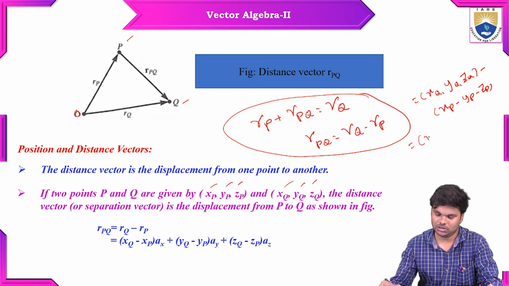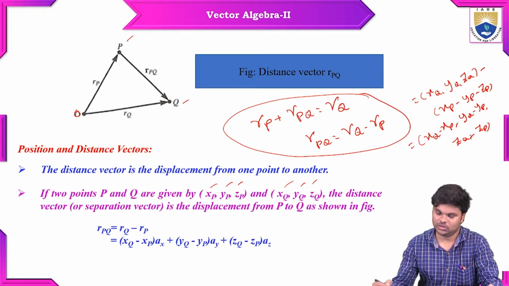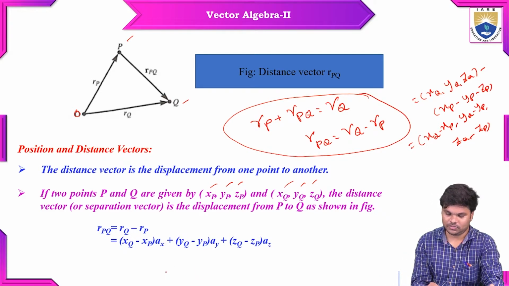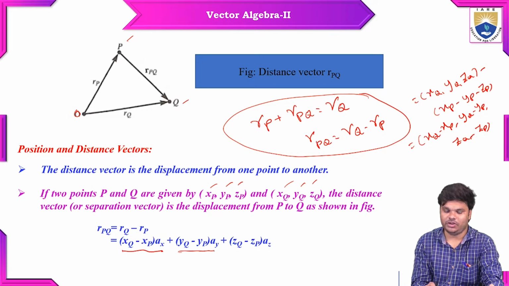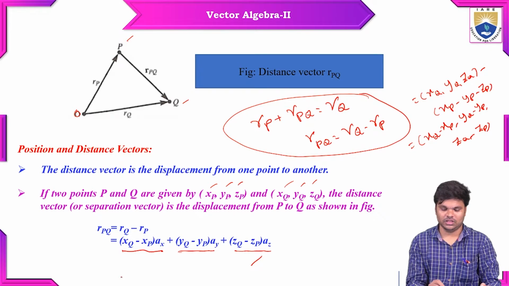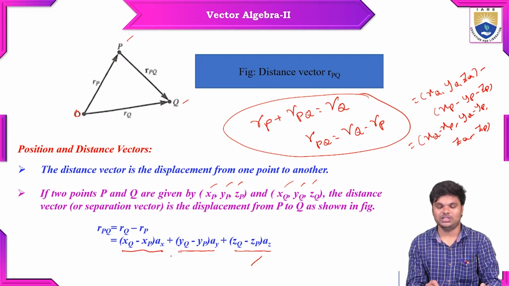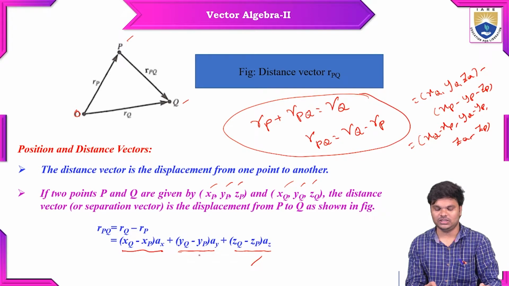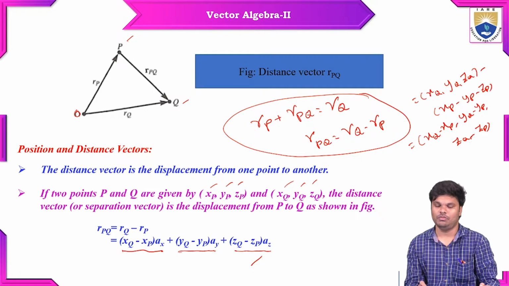Which is nothing but xq minus xp, yq minus yp, zq minus zp. Then I can write (xq minus xp) into ax, (yq minus yp) into ay, (zq minus zp) into az. So this is the distance vector or separation vector of the two points P and Q, and this distance vector is the displacement from point P to point Q.